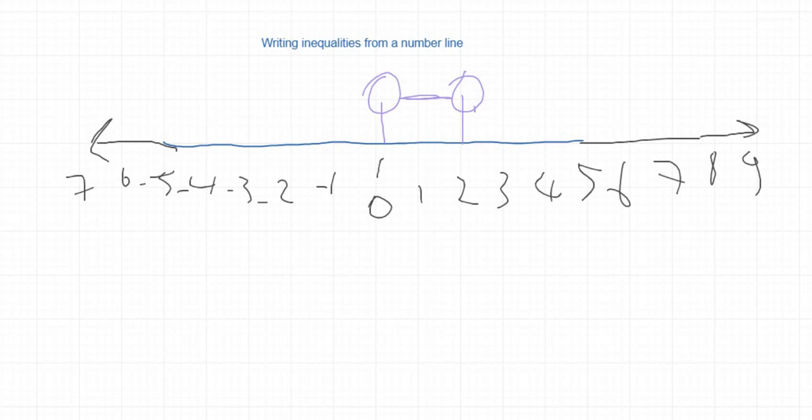Now we will do the same approach. We look at what number it is actually indicating. So if we look at this one, it is actually at 0. Is it closed or is it open? It is open, therefore we're not going to use the equal sign, but we're going to use this one. And so we know what we're actually doing.